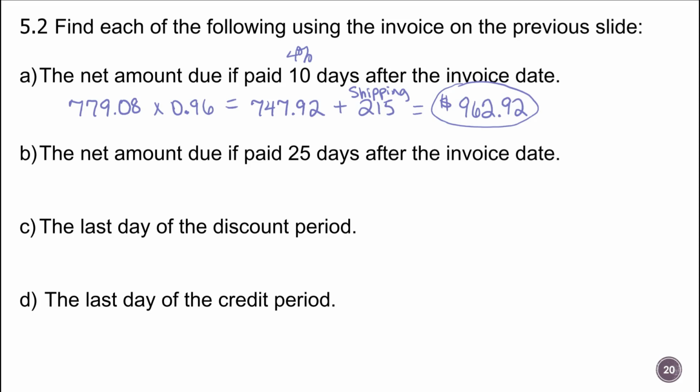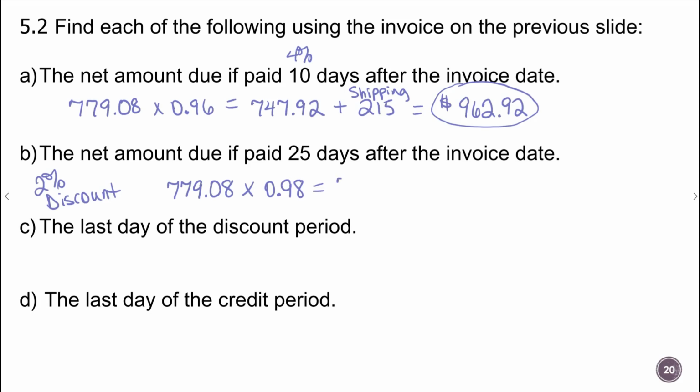And then it says the net amount due if paid 25 days after the invoice date. Well, 25 days after means we're within the 30 days, so we get a 2% discount on this one. And so we take the 779.08, we multiply that by 0.98, our complement, right? The complement of 2% is 98%.